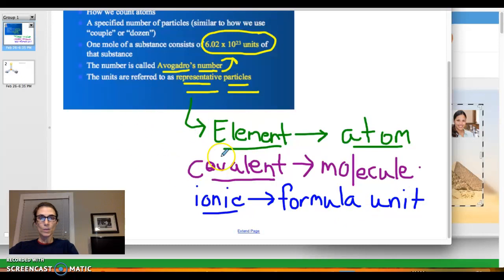So those are the three representative particles, and on the next slide I'm going to show you how we go about and apply this information.